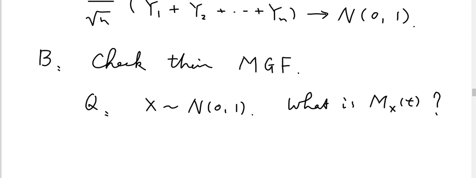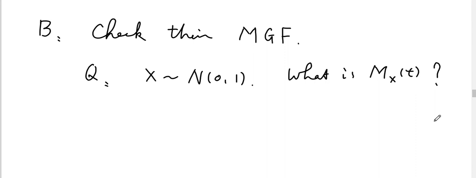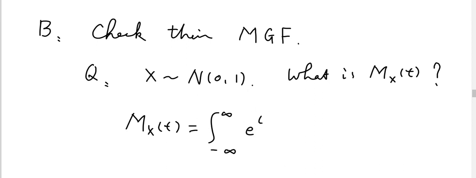According to the definition, the moment generating function is the integral from negative infinity to positive infinity of e to the tX times f(x) dx.